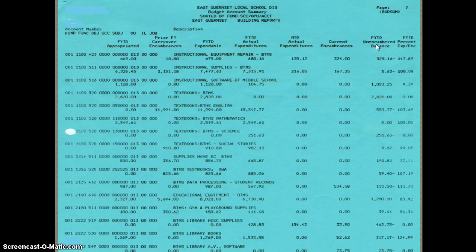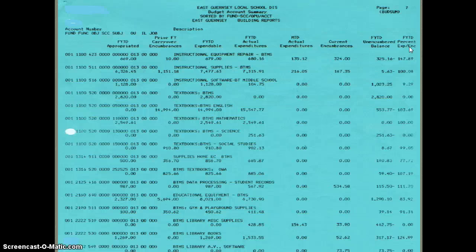FYTD unencumbered balance is a very important column because it provides the fiscal year to date monies that are available to be spent in each account line item. Last, FYTD percent expended is just the percentage of monies spent versus the monies appropriated in each account.